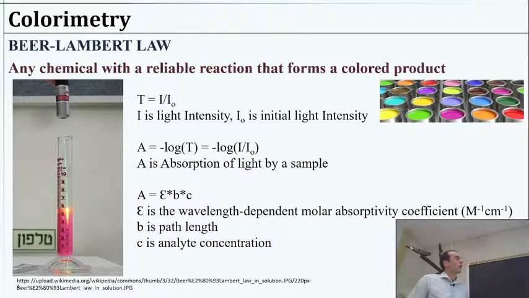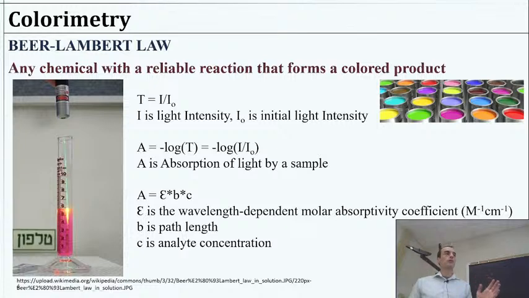Then there's colorimetry, or spectrophotometry, you could call it. There's a specific chemical principle called the Beer-Lambert law, and light will follow this law as it passes through some medium, right?